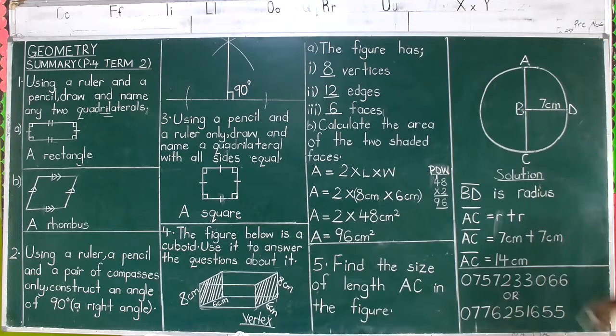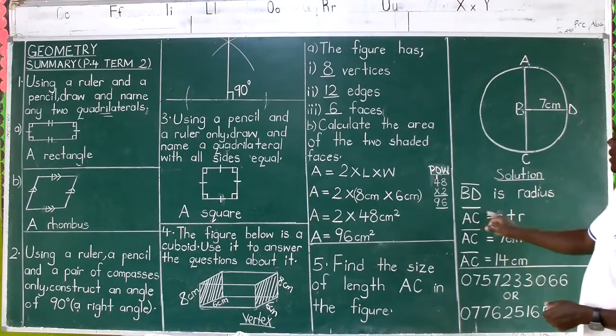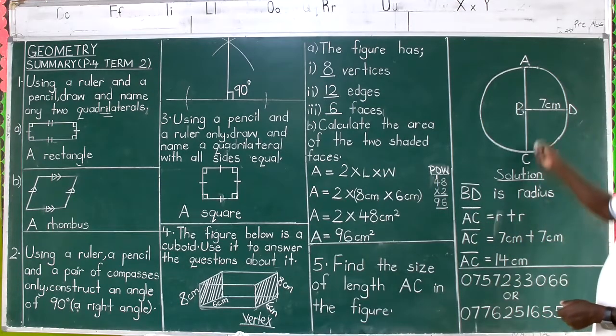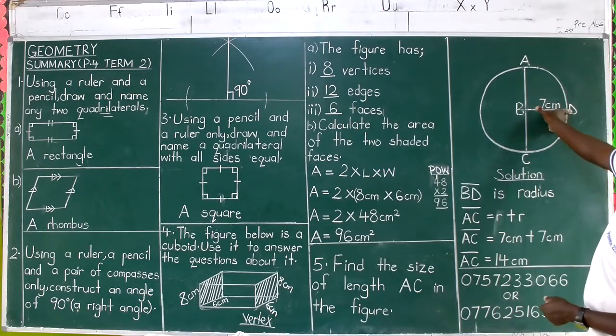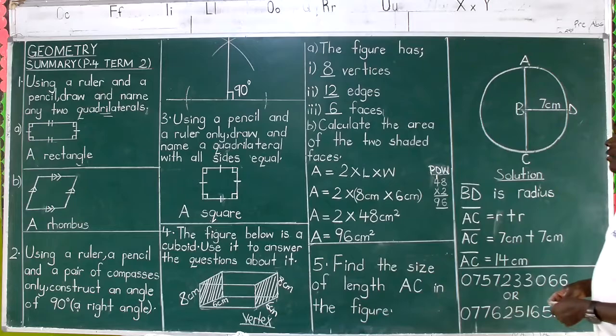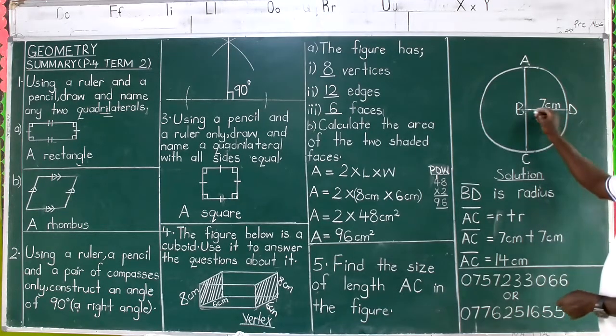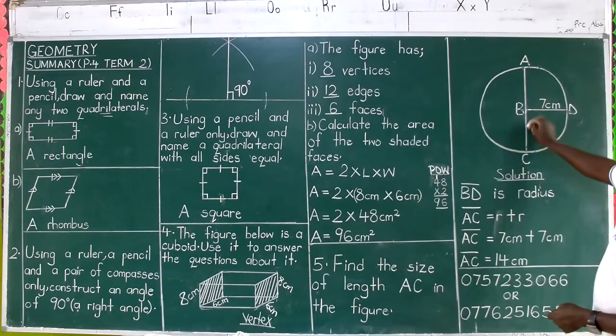This R stands for radius. That R here, so the one radius is here. So line AC equals radius plus radius. This radius is 7, this is also 7. Any line drawn to the center from the circumference is of 7 centimeters for this particular number.